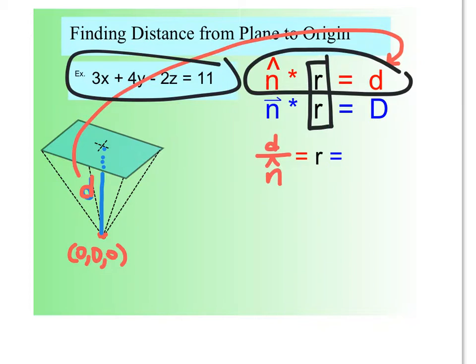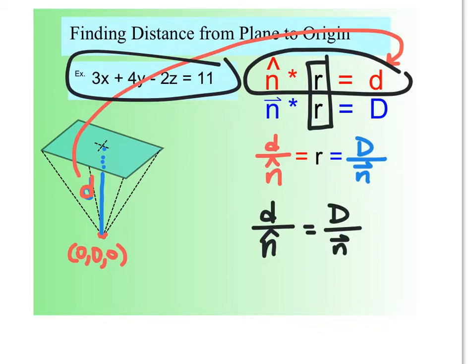In the second equation, if I solve for r, I get capital D over the vector n. If that's true, then d over n hat is equal to capital D over our normal.